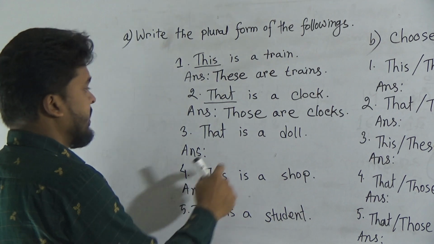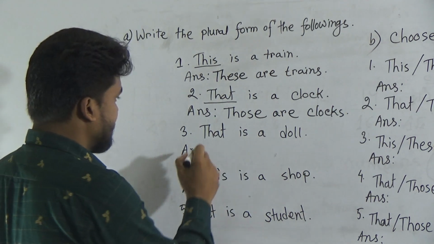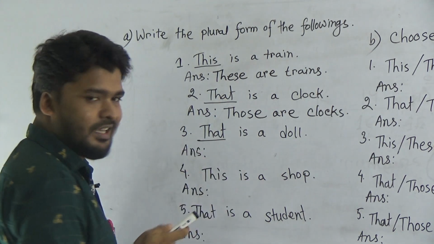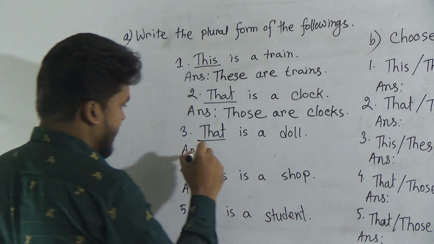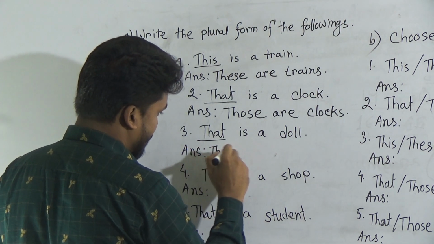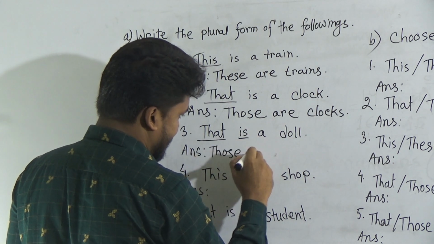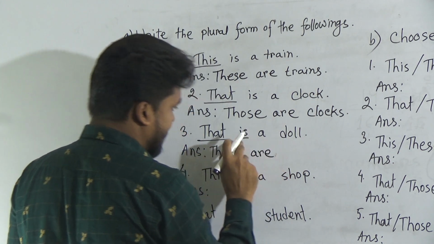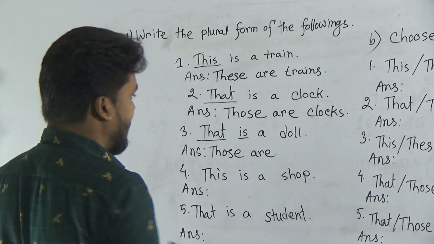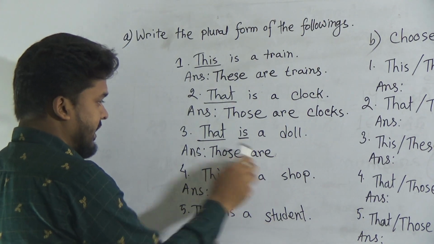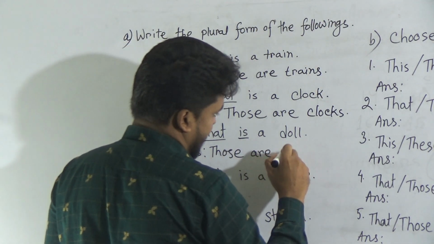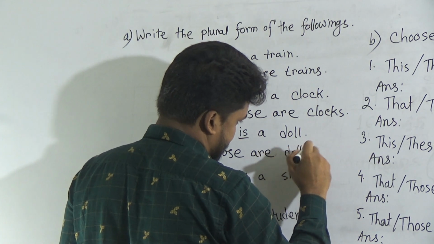Number 3, that is a doll. Same thing. That means this is a singular pronoun. You have to write plural. Those, is will be are. That means this is a singular auxiliary verb and it is plural. And dolls.